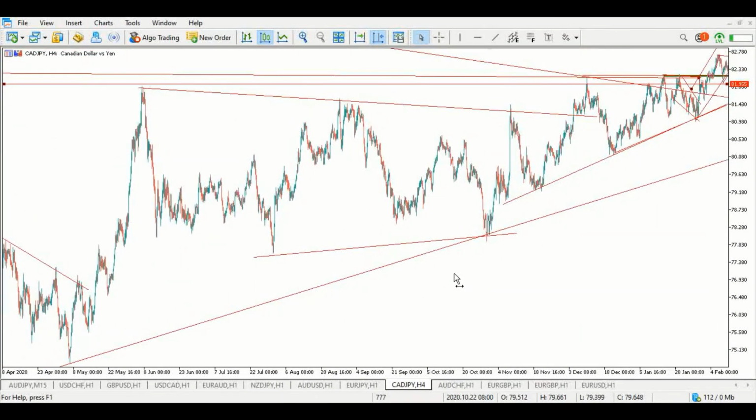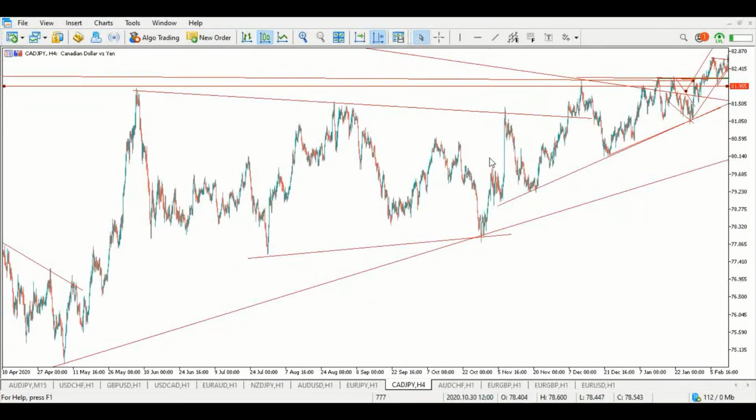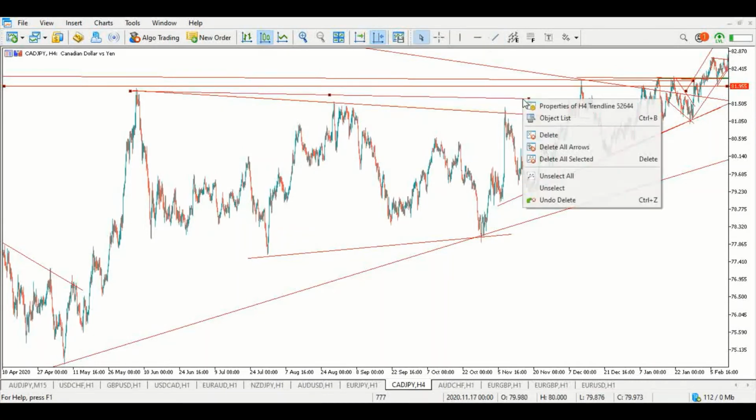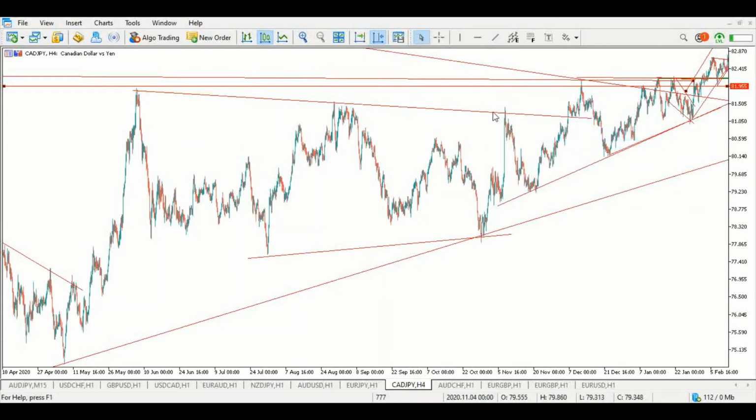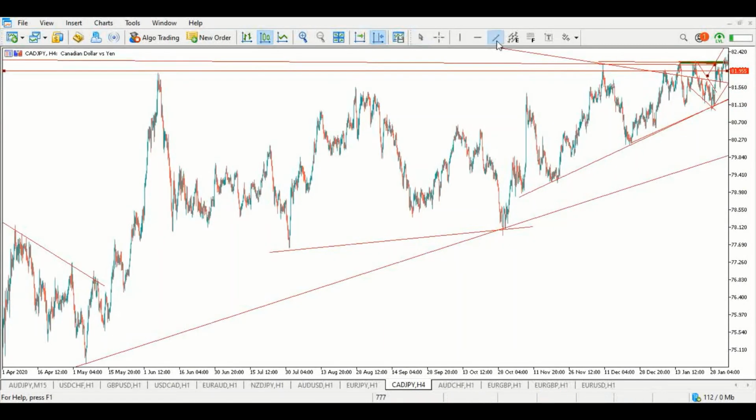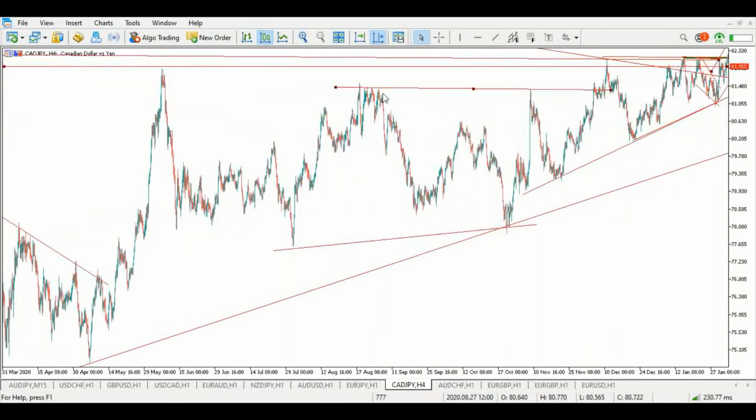I want you guys to pay attention to how the market literally reacts to resistance. This particular pair, not always, but most of the time it reacts to resistance, as you can see there.